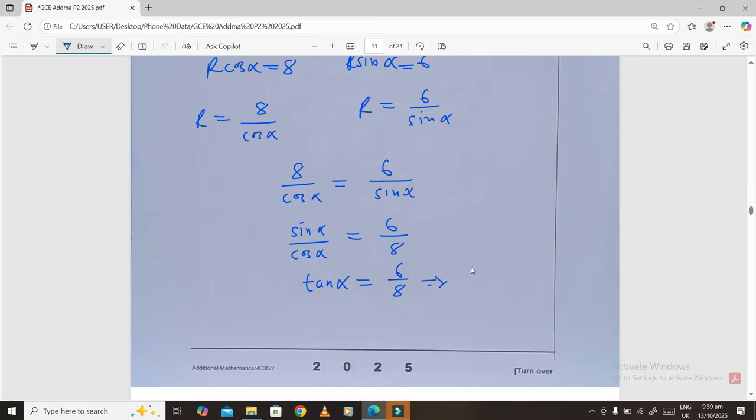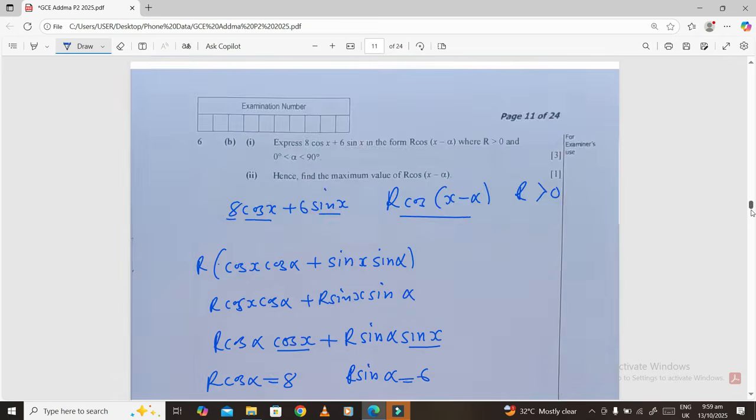We now find alpha. So for alpha, tan inverse of 6 over 8 will give us, when we punch, tan inverse of 6 over 8. This of course is giving us 36.9 degrees. So this is the value of alpha.